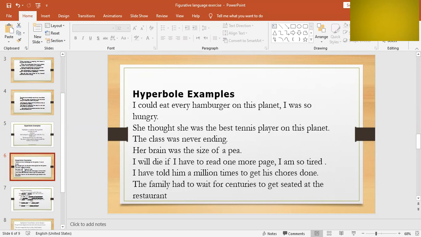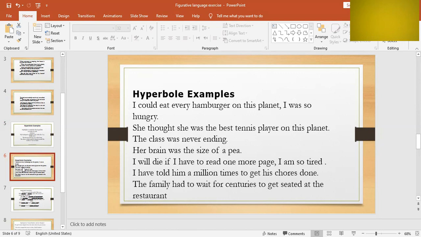Because we said that literary devices are used to let the reader understand something behind the literal word, okay? So you have to see or understand the situation in the eye of your mind, okay, not in your real concrete eyes. Another example here of hyperbole.